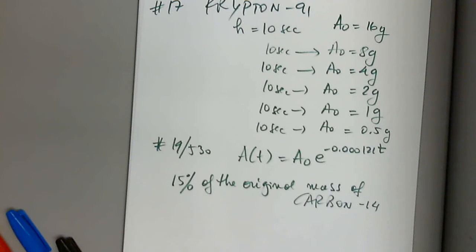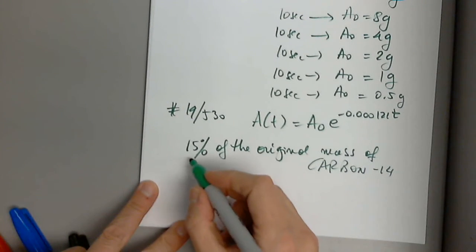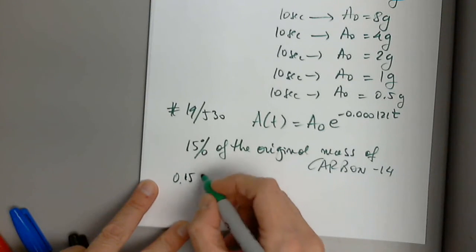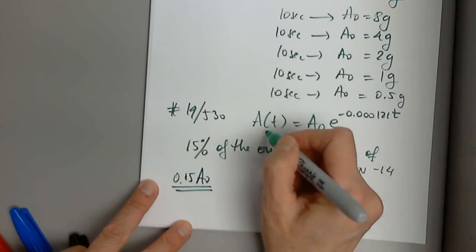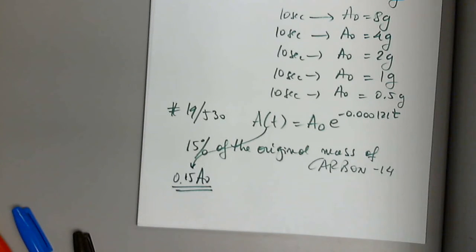Now we have to establish what this means. 15% of the original. What does that mean? Multiply the original by 15%. Thank you very much, Eric. Awesome. This is what it means, and this is the left-hand side of the equation. Today, when we discovered them, we measured, and they only have 0.15 of the original.